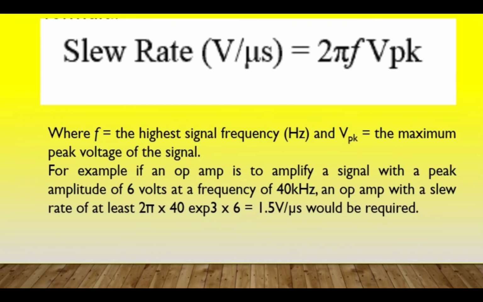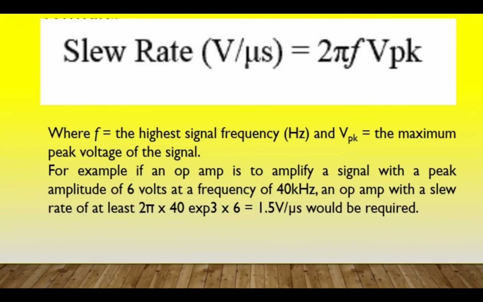Therefore, to be sure of amplifying large amplitude signals that are most likely to produce large and fast rates of voltage change, an operational amplifier needs to have a sufficiently high value of slew rate to cope with the greatest possible rate of voltage change.